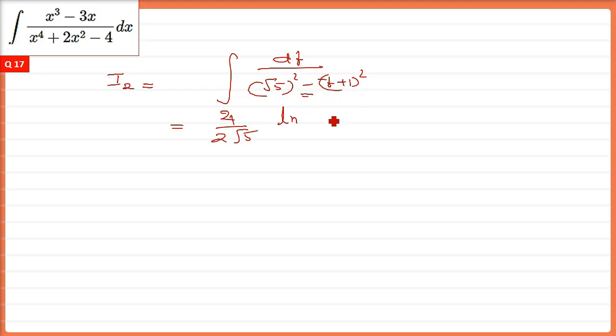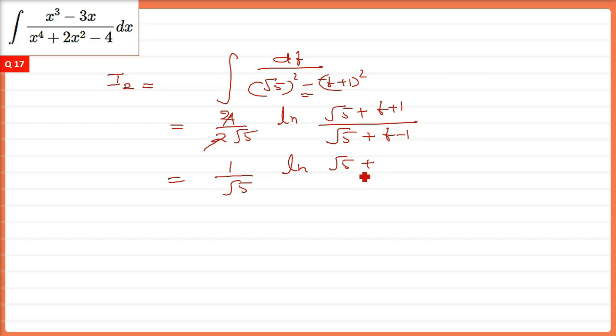Since a square minus x square gives ln of root 5 plus t plus 1 over root 5 minus t minus 1. So this will give 1 by root 5, the 2 gets cancelled, ln of root 5 plus t plus 1, writing t as x square, x square plus 1, and this will be root 5 minus x square minus 1. There is a slight change in the sign, you can do it by yourself.